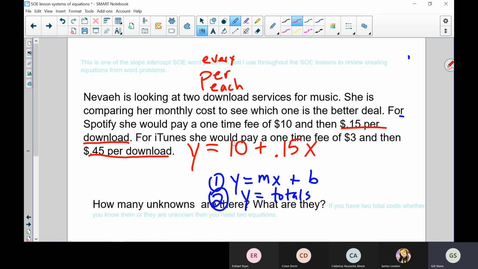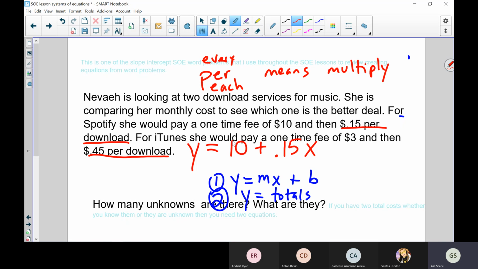Not always, again, especially next year, but a lot of the time, those words kind of mean multiply. So all 3 of those words mean multiply. So it literally means 15 cents times, because we got the word per, which means multiply, and then the downloads. Well, we said X is the downloads, so it's 15 cents times downloads. So that's the third way to remember where the X is. If you see any of these words, we'll do another one in a minute, you'll see.